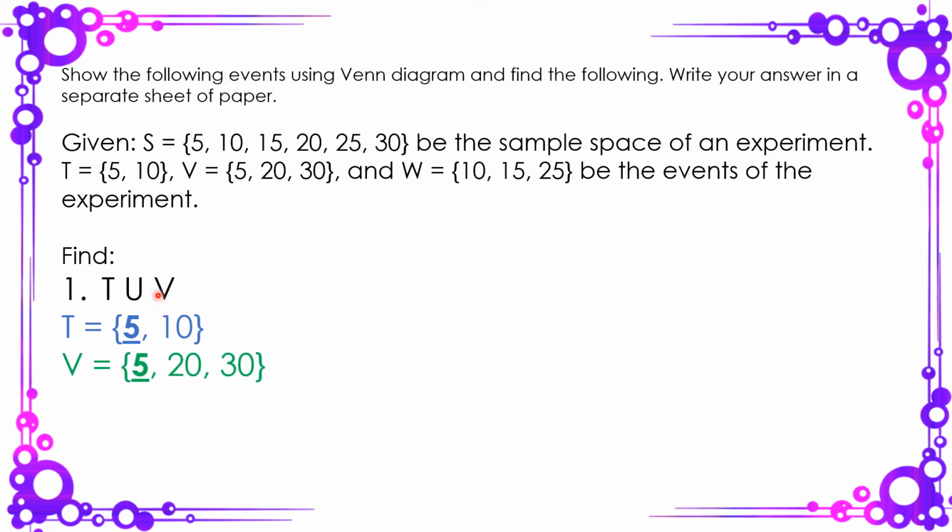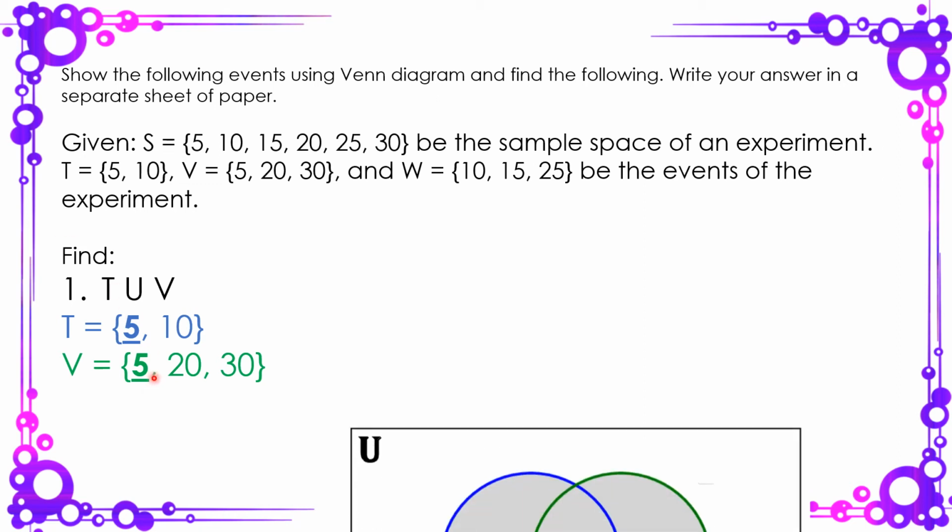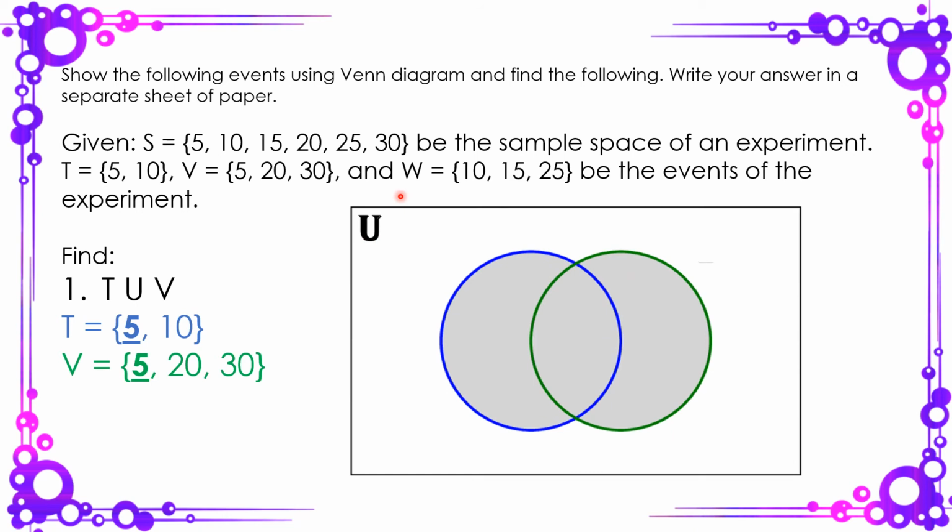And for letter V, we have 5, 20, and 30. And as you notice, they have the same possible outcome, 5. So I underline it. Put an underline. And this is the Venn diagram for union.